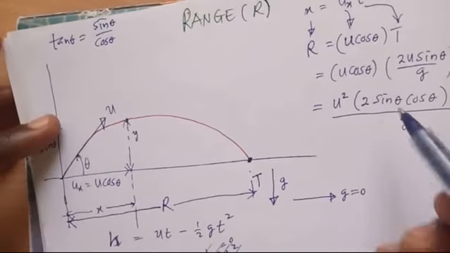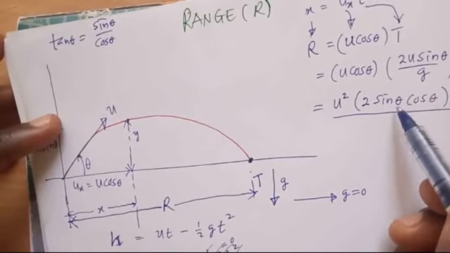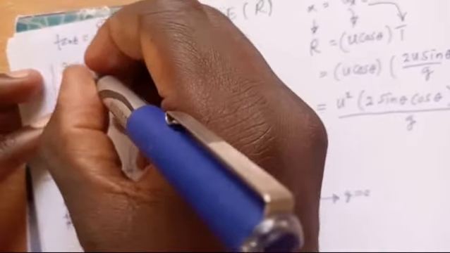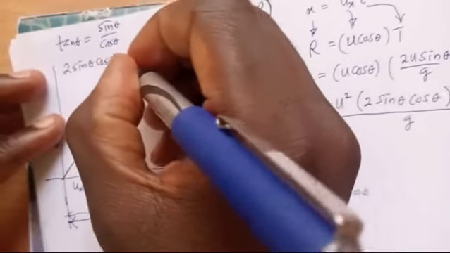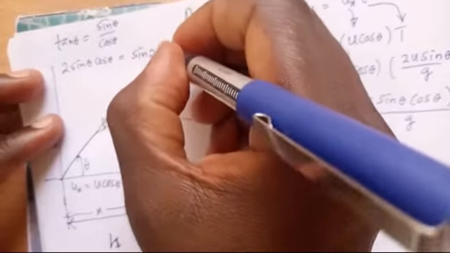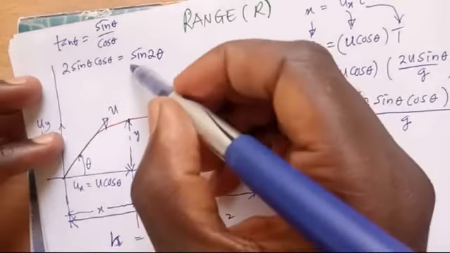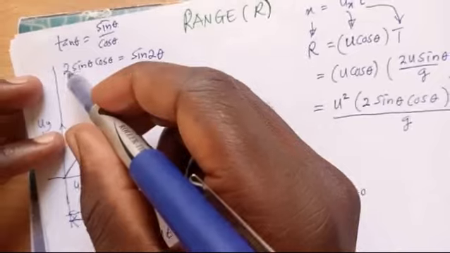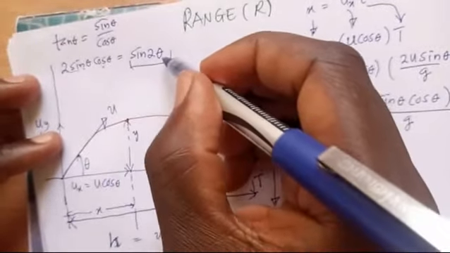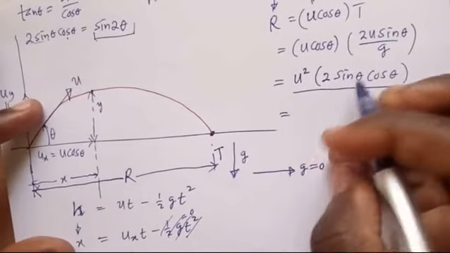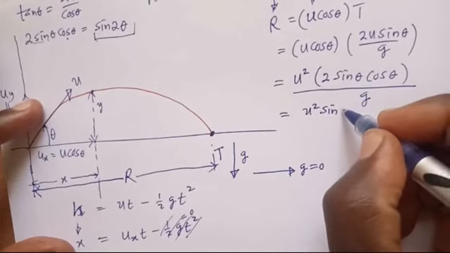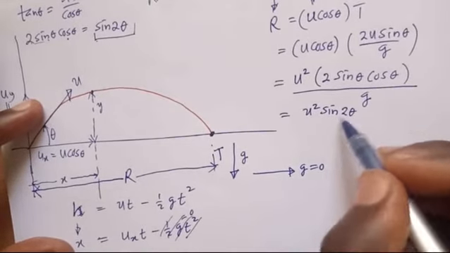Then 2 sine theta cos theta is identical to what they call sine 2 theta from mathematics. So instead of this long expression 2 sine theta cos theta, you can identically use sine 2 theta. When you bring that here, you have u squared sine 2 theta, from trigonometric identities.